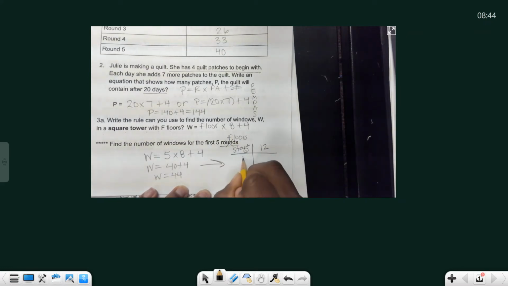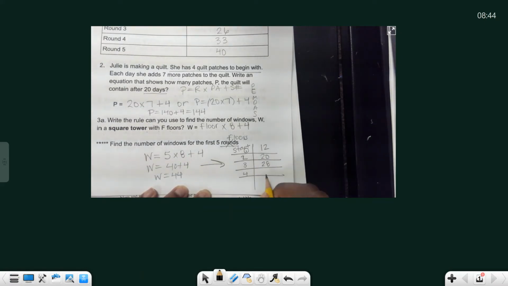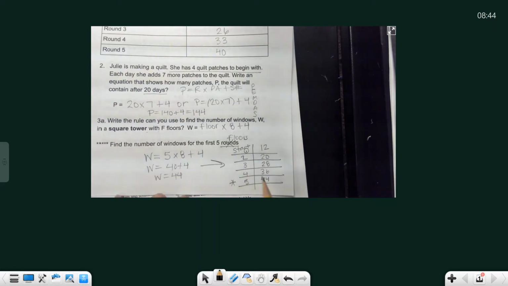So we start, and our start is actually our first floor, so I draw a little one there. You start with 12, and then this next one, which will be second, we have to add 12 plus 8. 20 plus 8. 28 plus 8. 36 plus 8. 44. So do you see that on the 5th floor or the 5th round, you should have 44 windows according to the chart, and also according to the expression, you should have 44 windows.